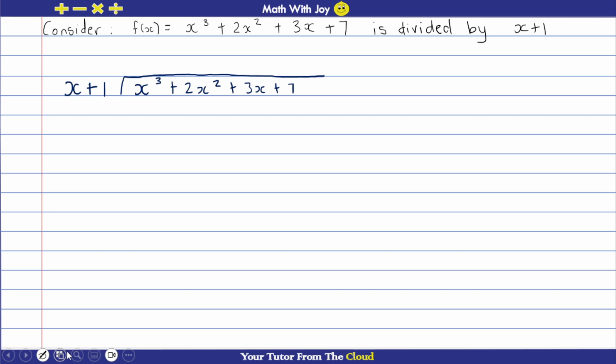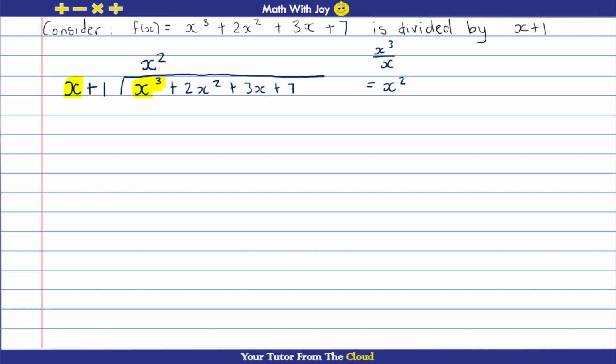Now, the way we need to start off this long division is we take the x term here and divide it into the first term inside the brackets. So we say on the side, what is x to the power of 3 divided by x? And we know that this is going to give us x to the power of 2. That answer you write down at the top, x to the power of 2.